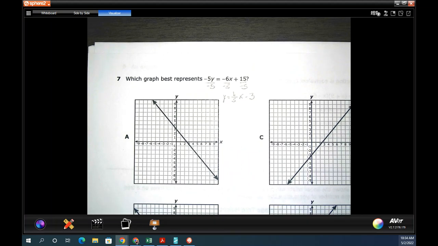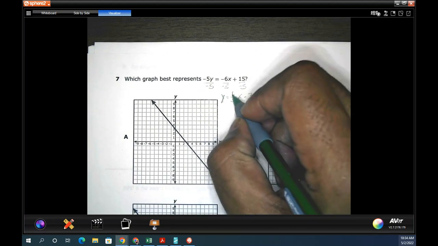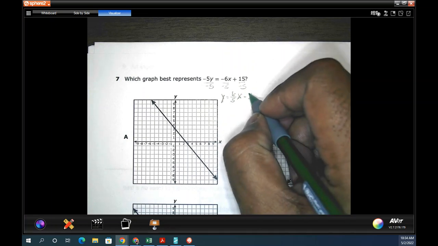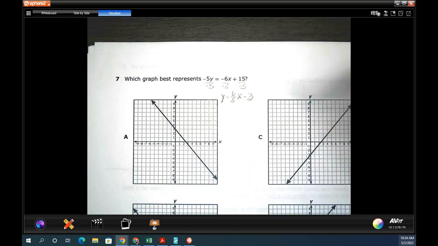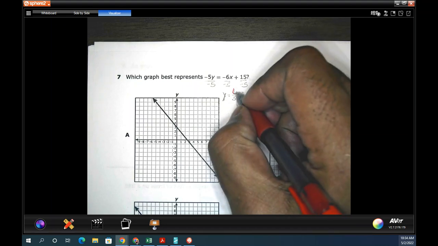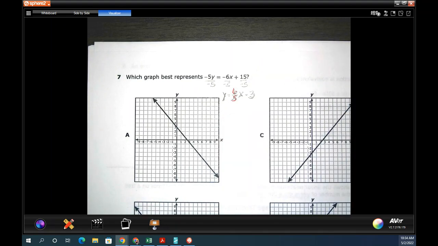Oh, y'all can barely see that, can't y'all? I need to write darker. Now, here's the way you think through this. Is the slope positive or negative? Is it positive or negative?